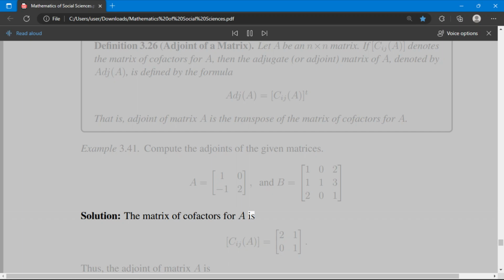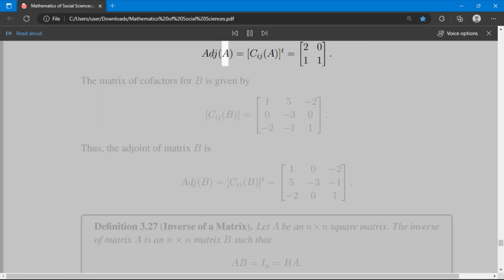Solution: the matrix of cofactors for A is cof A equals 2 1 0 1. Thus, the adjoint of matrix A is adj A equals cof A transpose equals 2 0 1 1.